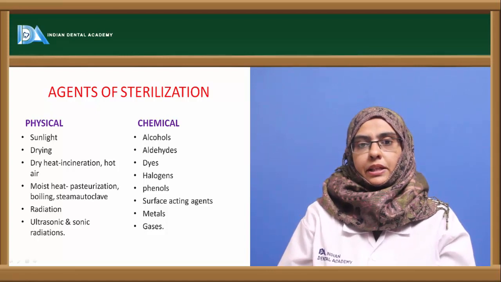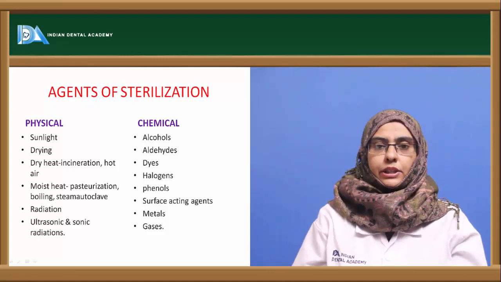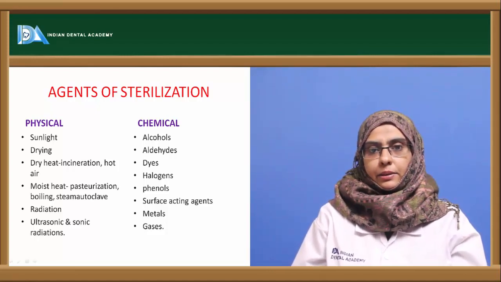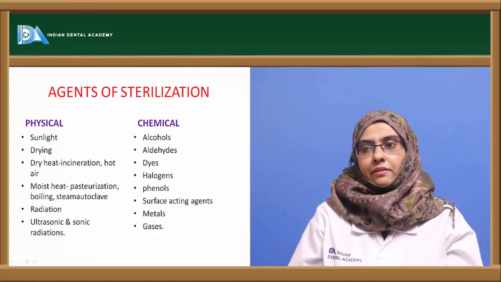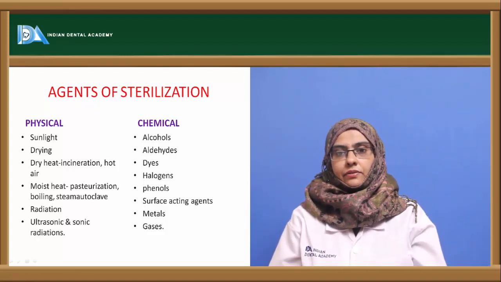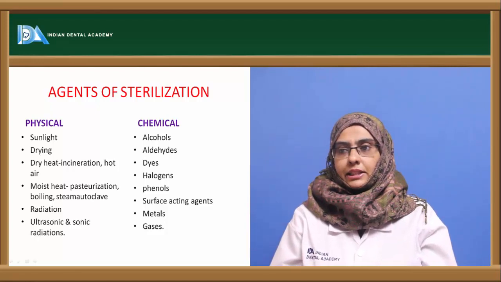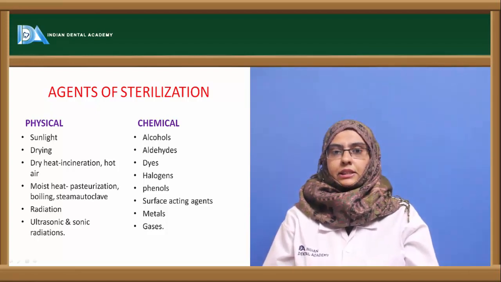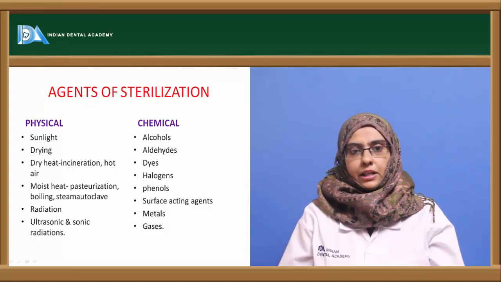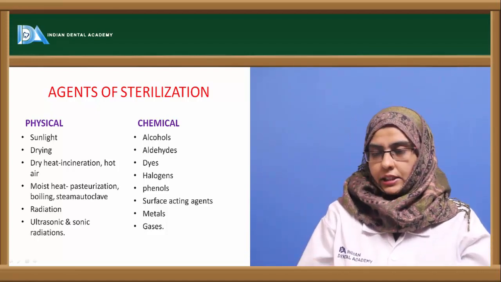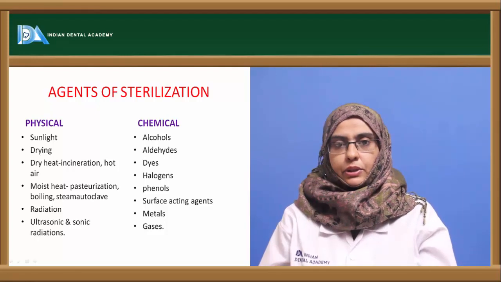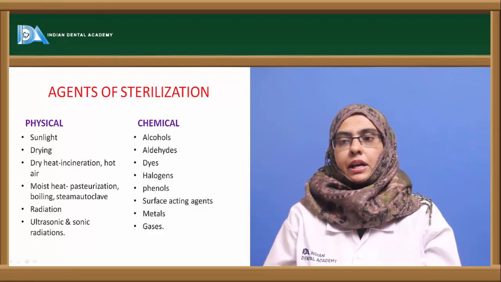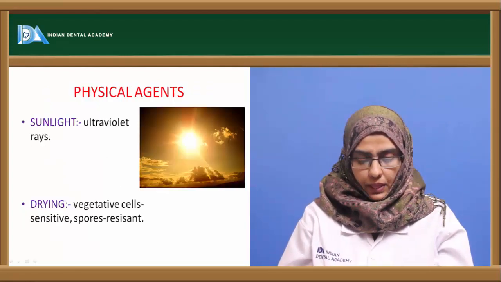The most prominent one being the alcohols that are mostly used in the laboratory to eliminate the organisms, and we have aldehydes, different types of dyes that have bactericidal activity, halogens, phenols, surface active agents, metals, and gases. So these are the different modes of sterilization that can be used to eliminate organisms from any surfaces.